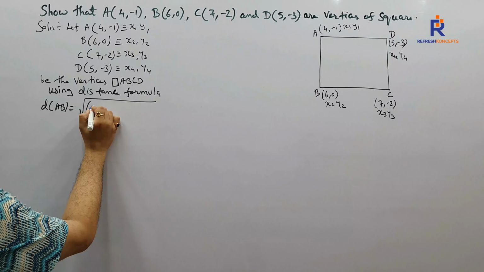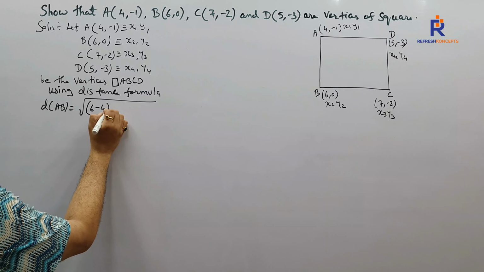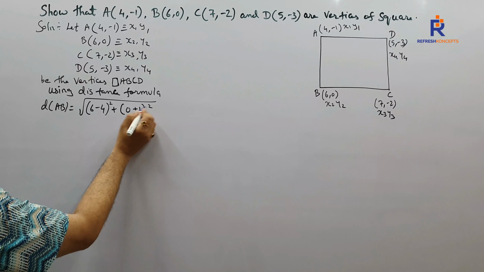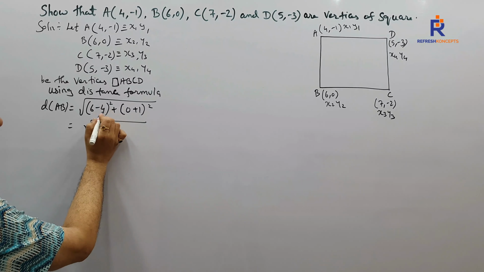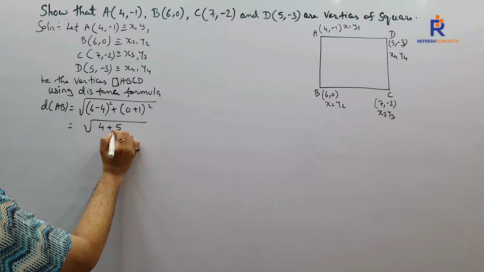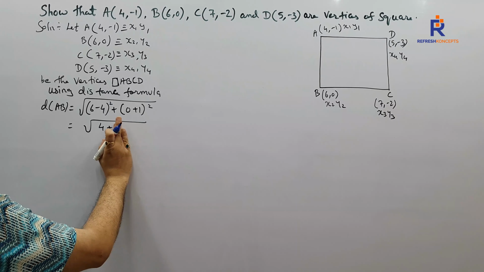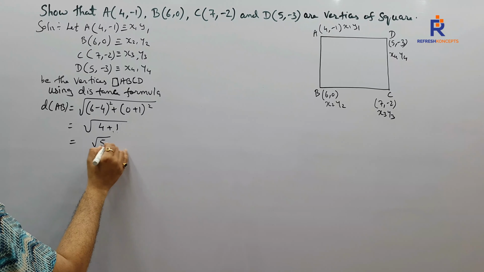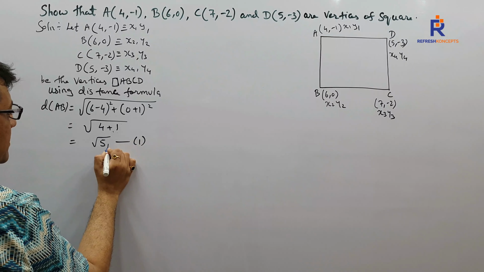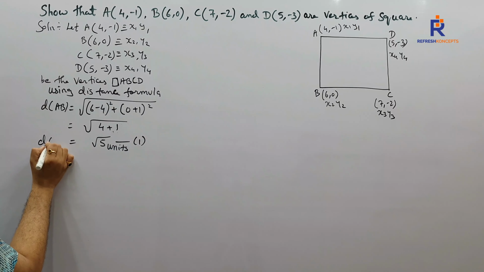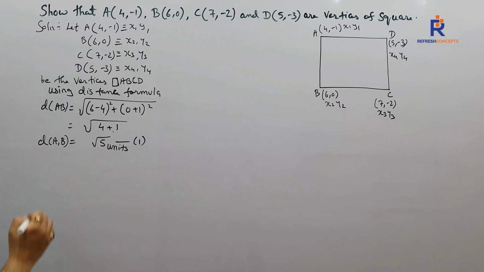So it is going to be 6 minus 4 the whole square plus 0 minus of minus 1 the whole square. 6 minus 4 is 2, square of that is 4; 1 square is 1, total is 5. Equation number 1. Do write down units: distance AB is root 5 units.